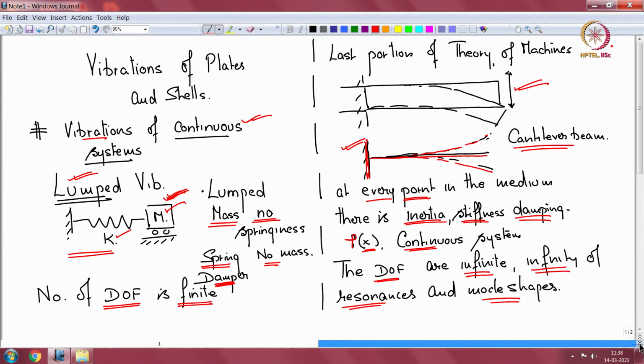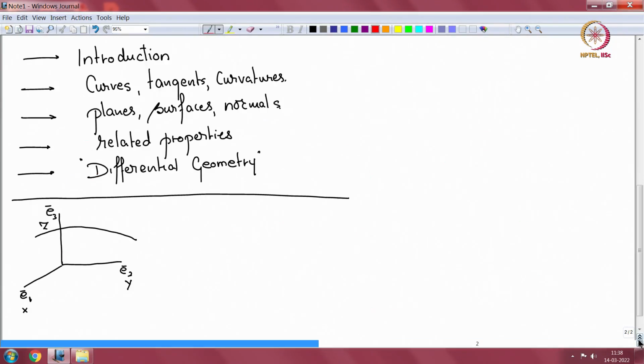Now, as I have mentioned in the introduction to this course, we will begin by looking at some simple things like curves, tangents to curves, curvatures, radius of curvature and the curvature vector.